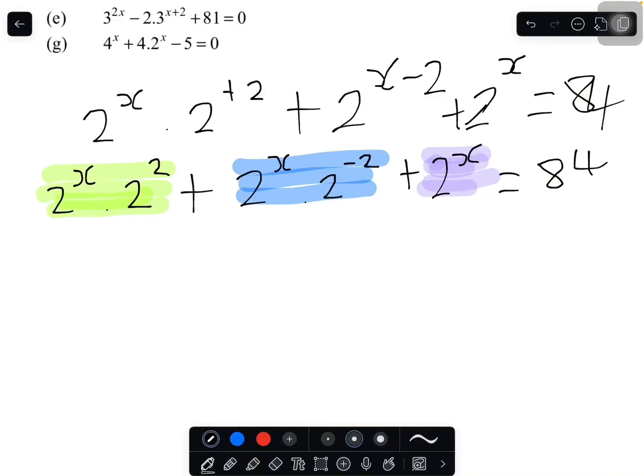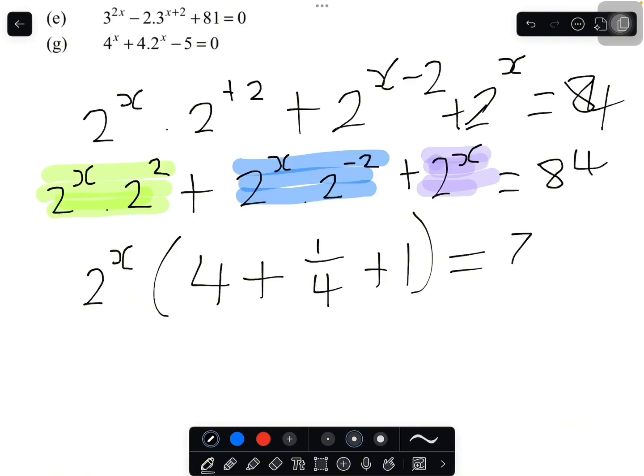So if we look at each of these terms, what is common? 2 to the power x. So I have 2 to the power x into 4 plus, there's a plus sign here, plus 1 over 4, which is the same as 2 to the minus 2, plus 1 equals 84.